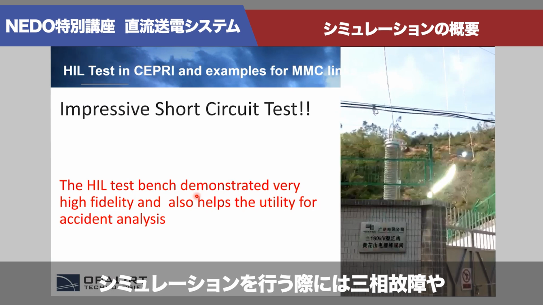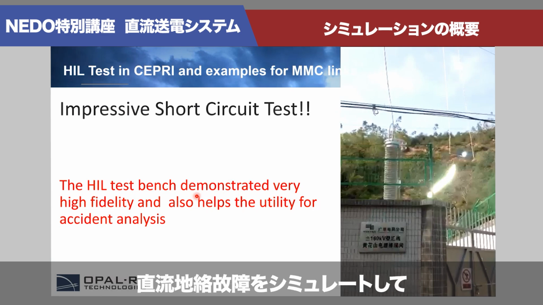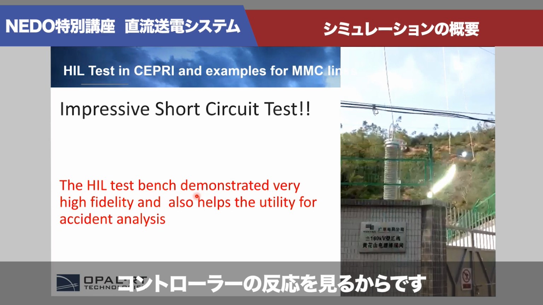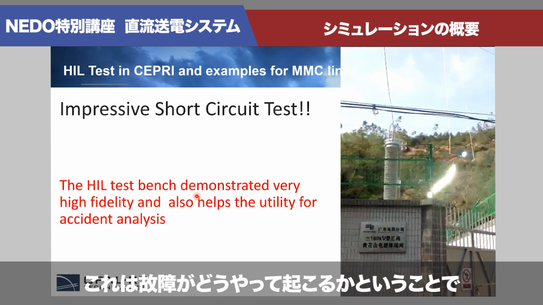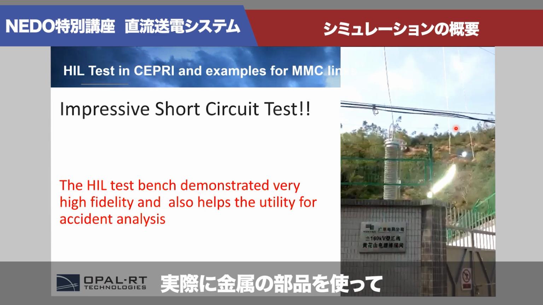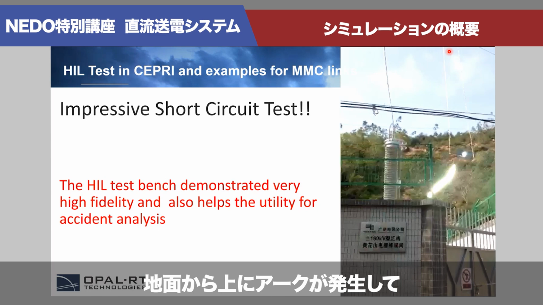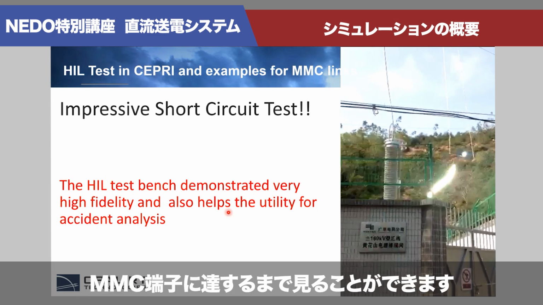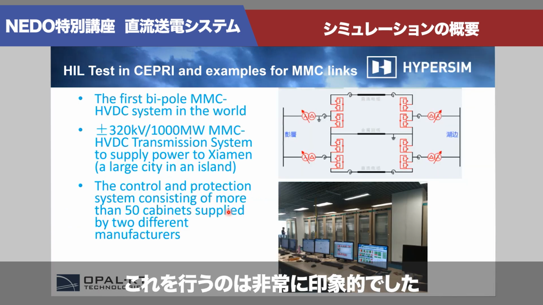You always simulate a three-phase fault or a DC fault to the ground to see the reaction of your controllers. Well, this is how they do a DC fault. They actually threw a piece of metal and you see the arc coming from the ground overhead until reaching the MMC terminal. So this was very impressive to do.